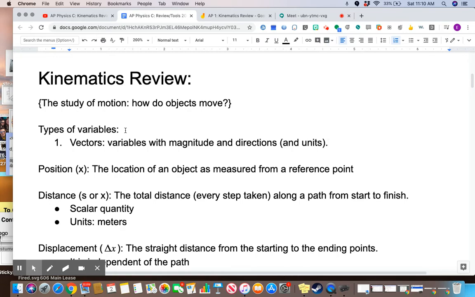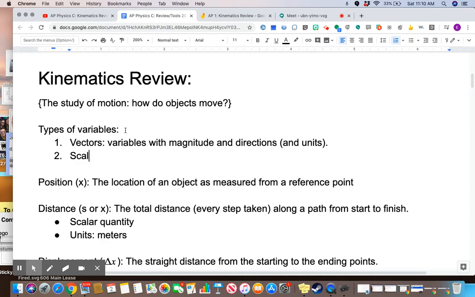So it's any quantity in physics that has magnitude and direction, as well as units. An example would be velocity, which we'll talk a little bit more about in a few minutes.